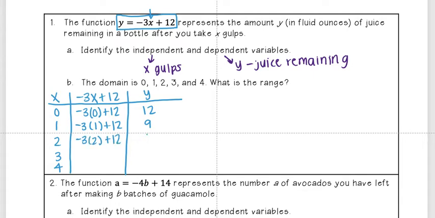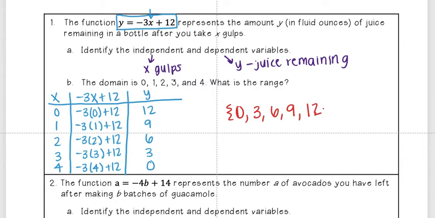Negative 6 plus 12 is 6. Negative 9 plus 12 is 3. Negative 12 plus 12 is 0. So if you notice, I really just went down by 3 each time. And so I have my answer. What's my range? I'll start with my smallest first: 0, 3, 6, 9, and 12.